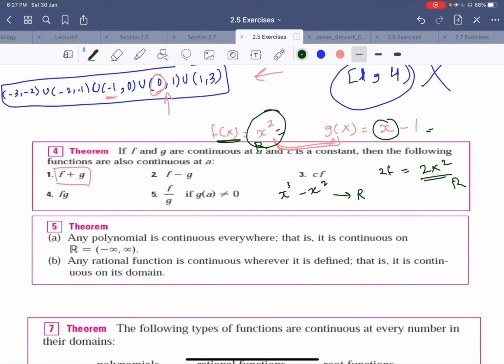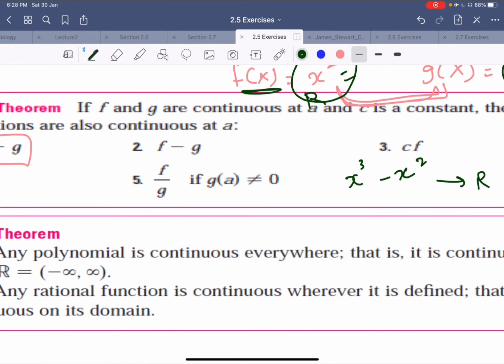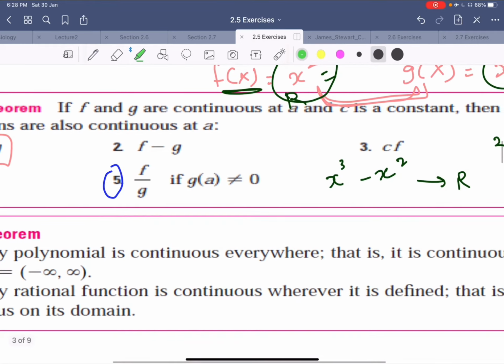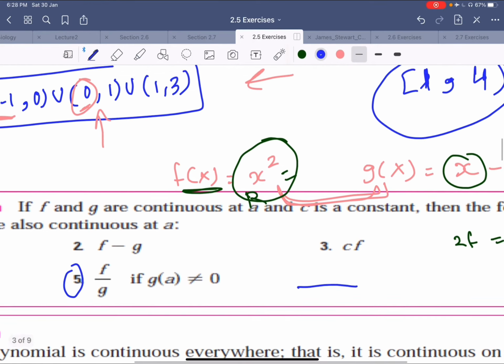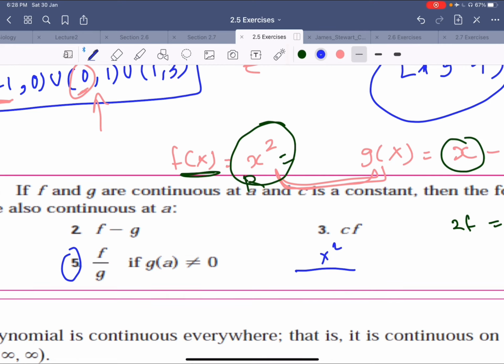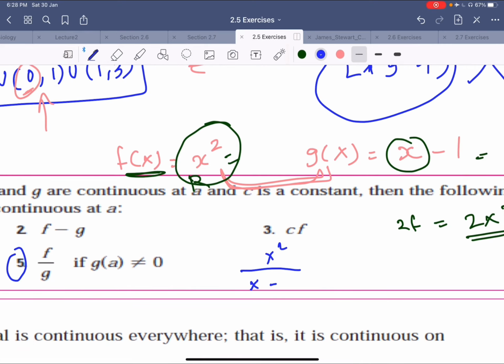Now we have only the case of division. So division, we have f over g of x. It would be x squared over x minus 1.